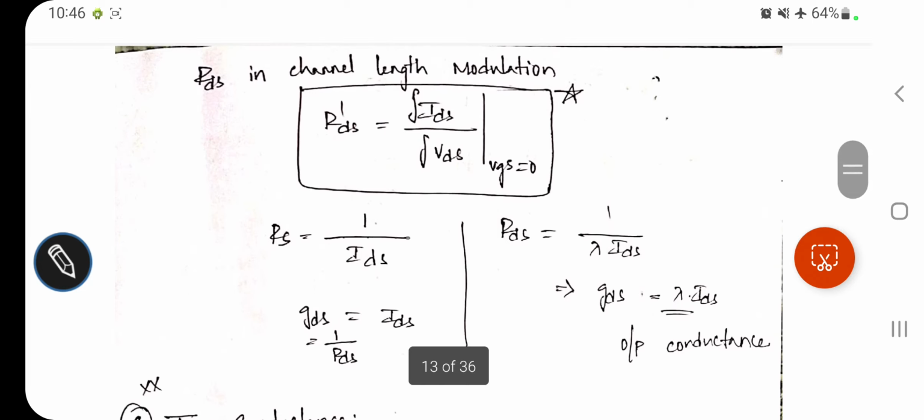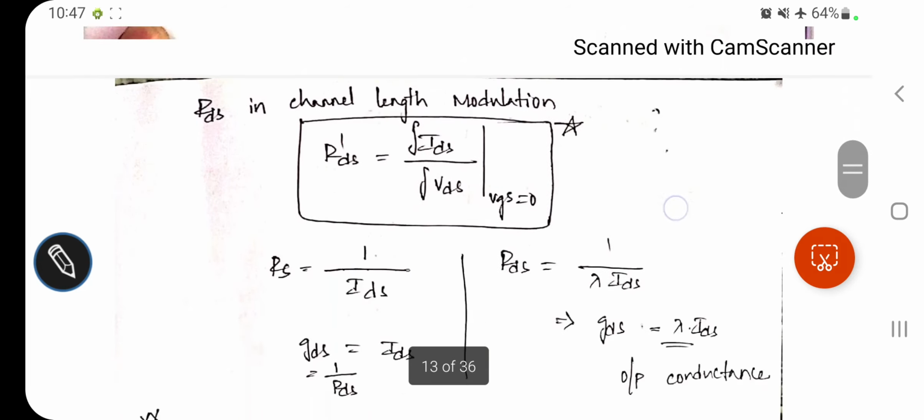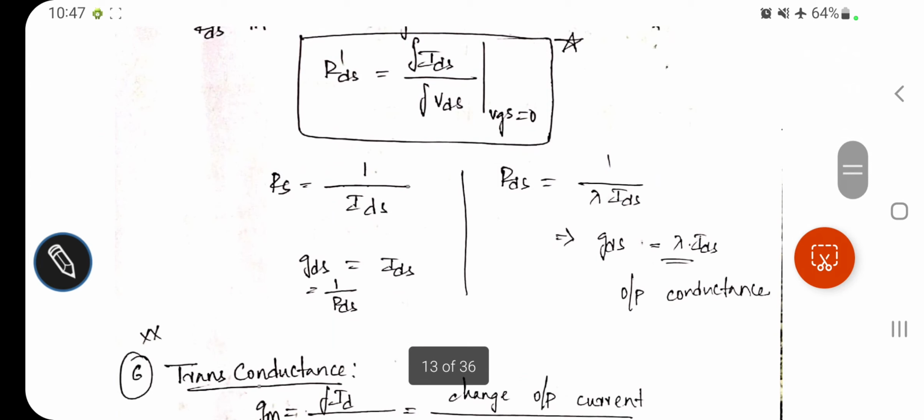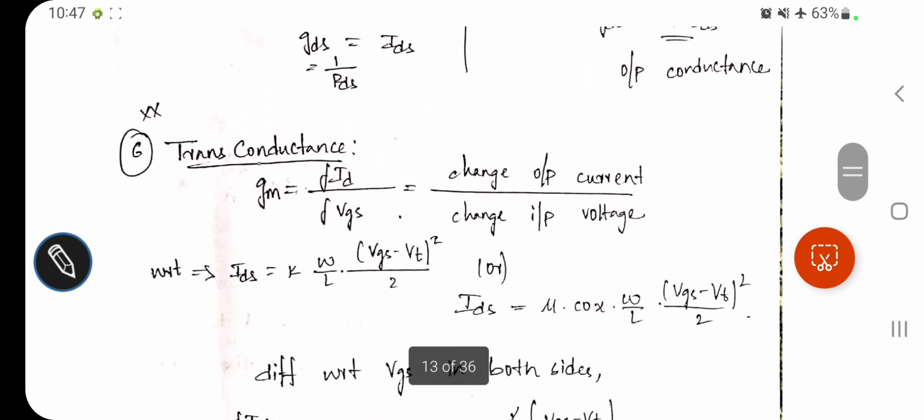If you substitute the drain to source resistance as 1 by lambda IDS by definition of channel length modulation, and GDS is nothing but 1 by RDS, so we get the output conductance GDS equal to lambda into IDS, right?